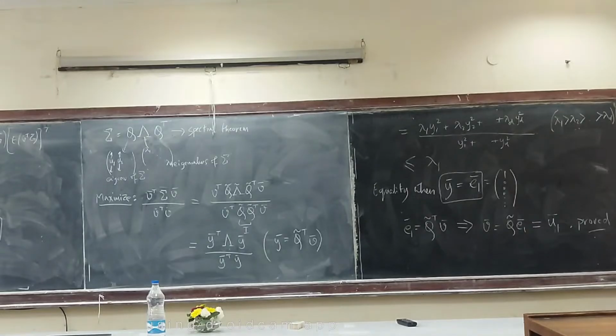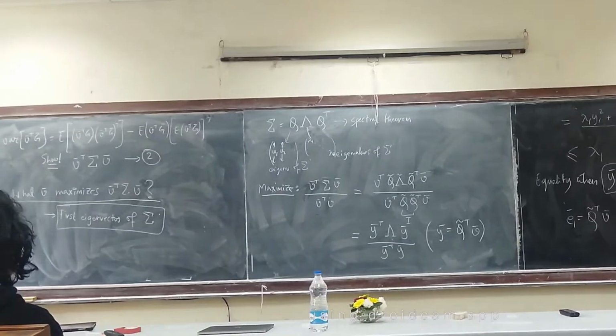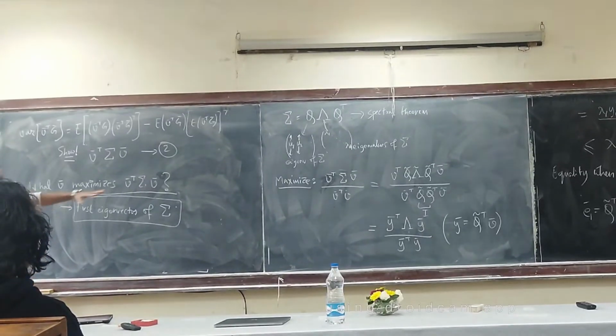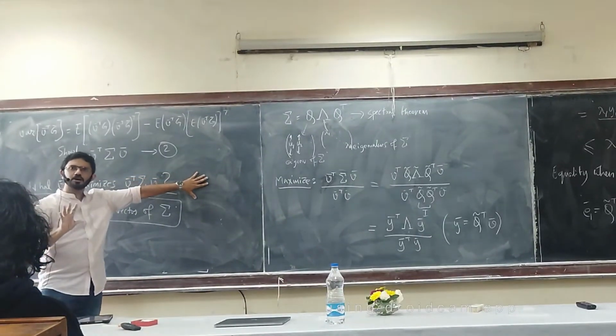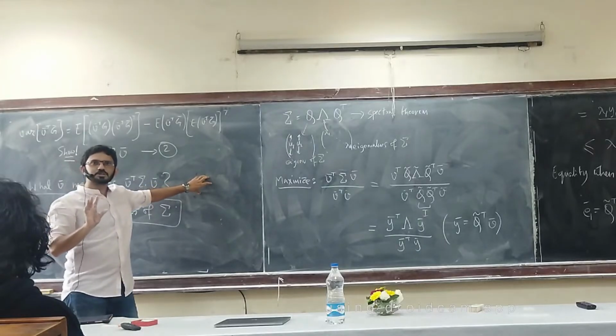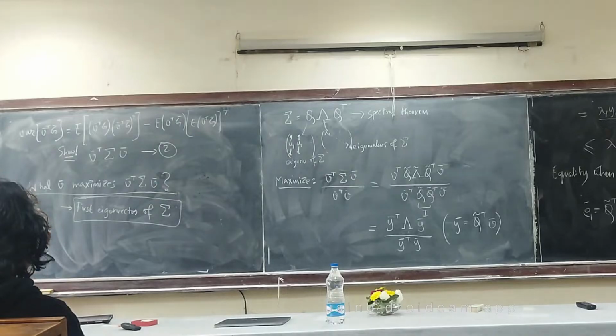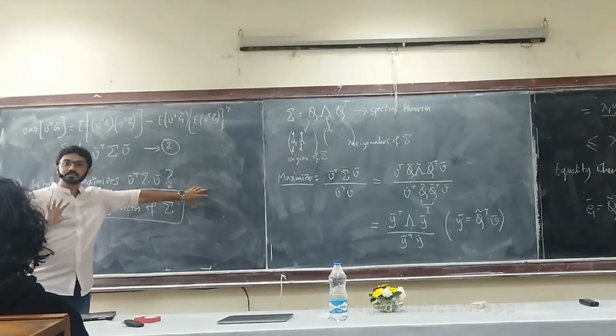People have done this, and it turns out it works well only in certain situations. But in reality, for circadian clocks, this is not the best strategy. So what you have to do, in fact, is go over to neural networks and so on. But this strategy works very well in certain cases.